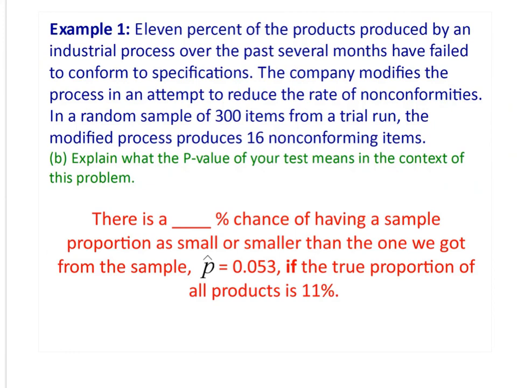So if it wants you to explain what the p-value of your test means in context, meaning if I want to break down the p-value being equal to 0.0008, that means there's a 0.08% chance, or probability, think probability p-value, of having a sample or a statistic as small or smaller than the one we got from the sample.